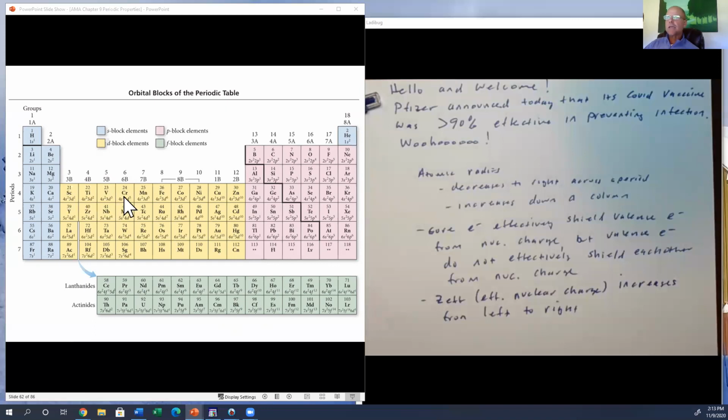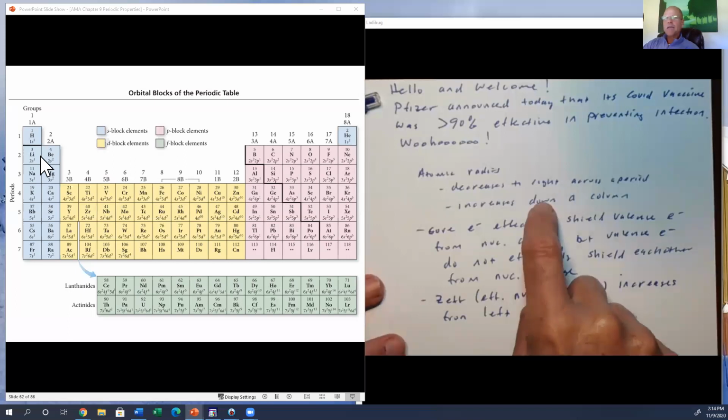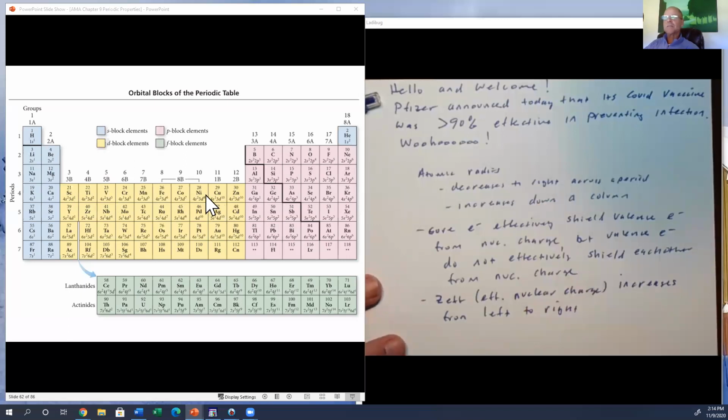So as you go to the right here, the effective nuclear charge really isn't changing as much because you're adding a unit of positive charge and you're adding an n equal 3 electron. But it's the 4s electrons that are the biggest ones, and those are the ones that determine size. And the effective nuclear charge felt by those electrons really isn't changing as you go across a period here, okay? So those trends are good for the main group elements. For transition elements, it's much less predictable, much more flat as you go across here.